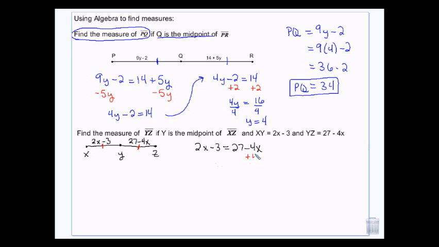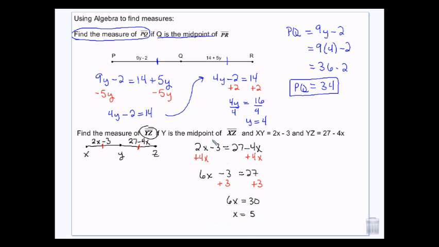So I'm going to add 4x to both sides. So I'm going to get 6x minus 3 is equal to 27. Add 3 to both sides. 6x equals 30, so that makes x 5.